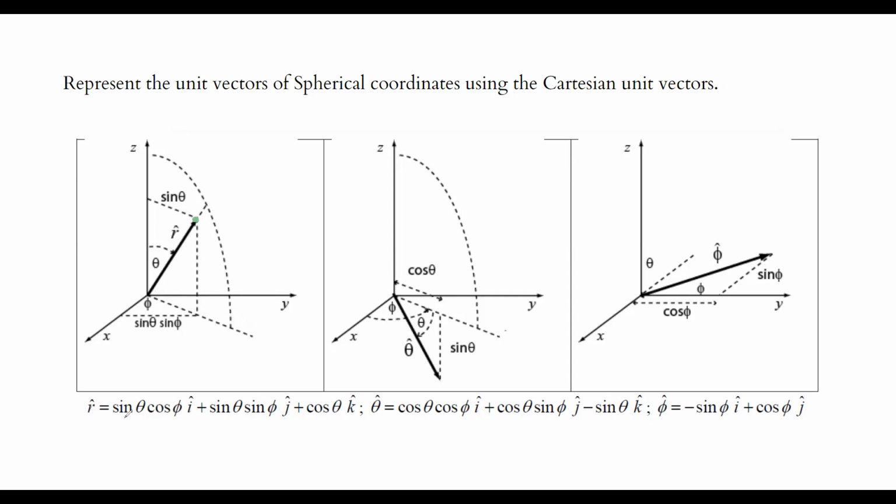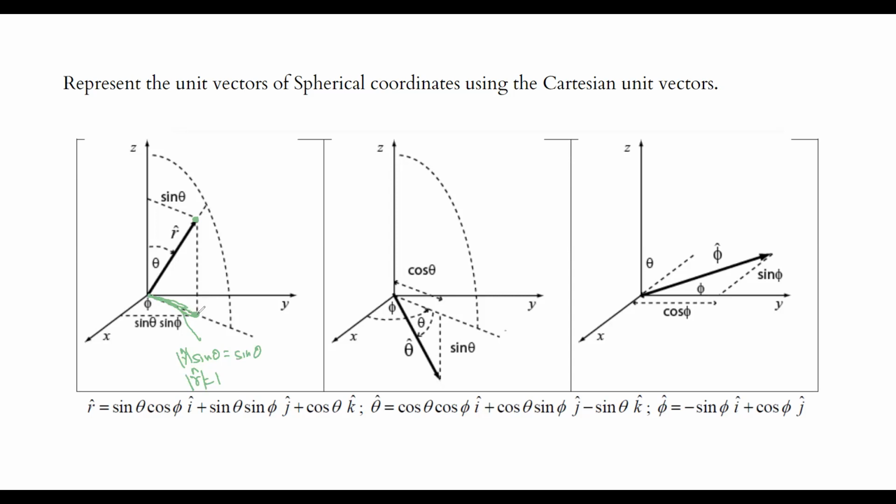So 1 sine theta is the length from origin to this point, because the r hat magnitude is 1 in here, we only take sine theta, right? So sine theta length we know.